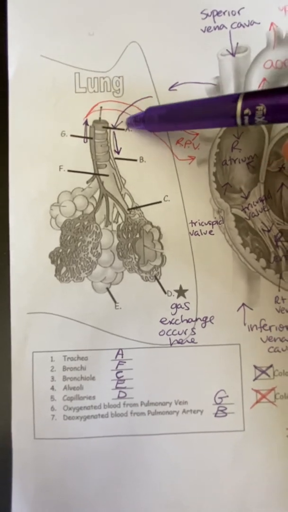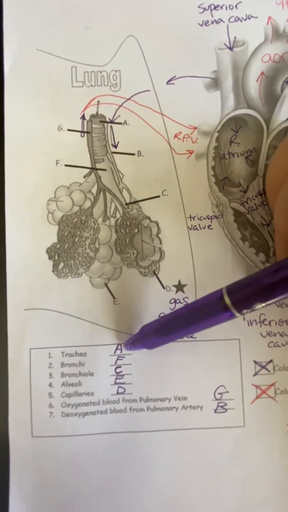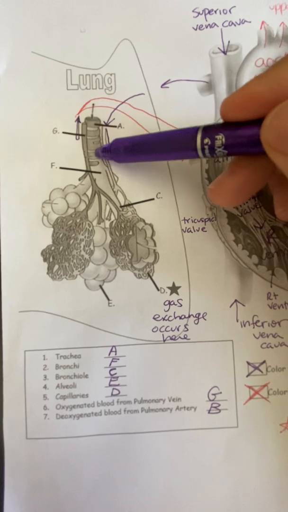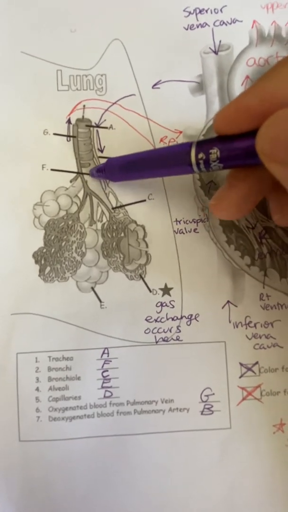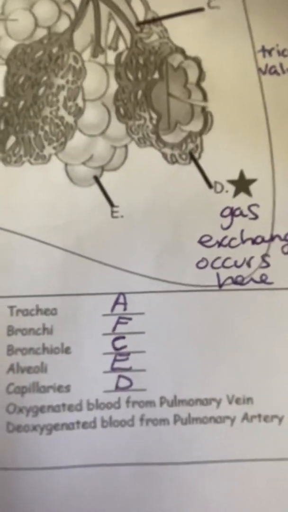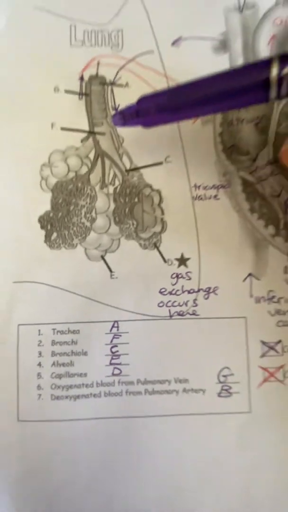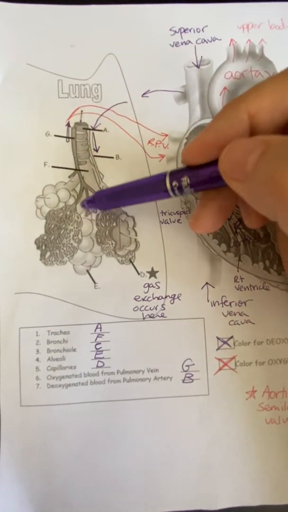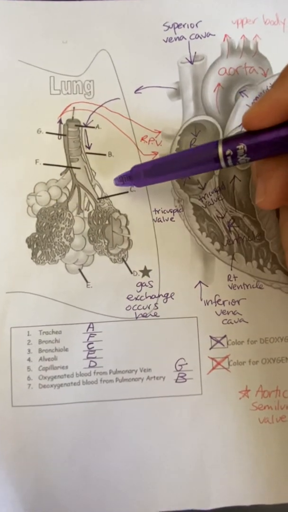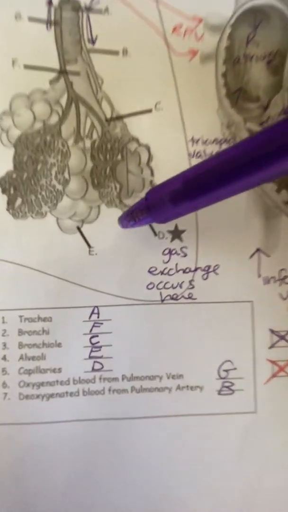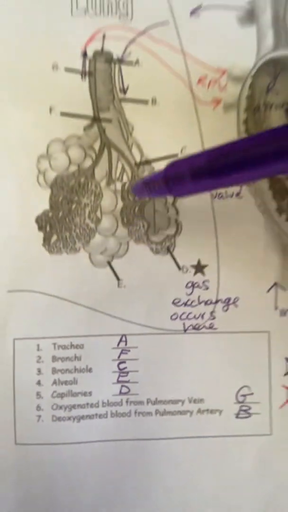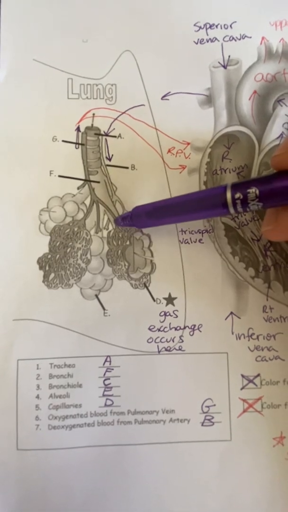All right, so A is the trachea. Label it down here. The trachea gets a little bit smaller, and the branches, like a tree, turn into the bronchi, F. The bronchi then branch into even smaller branches called the bronchioles, letter C, bronchioles.